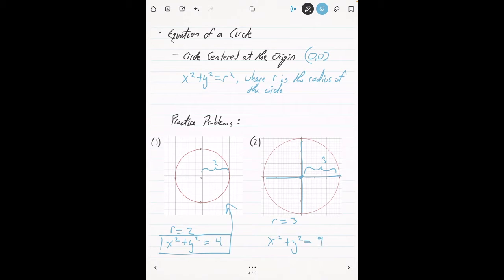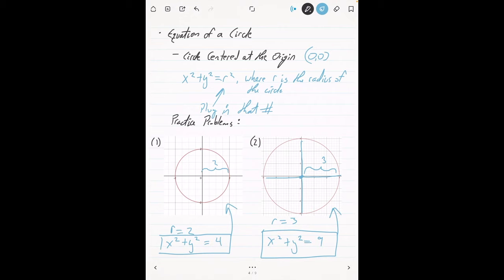That's just 9. So this is the equation for this circle. X squared plus y squared is equal to 9. That's all that we have to do to write the equation for a circle centered at the origin. All you're doing is just saying, well, this is the general form, and you just have to plug in that number. That's it.